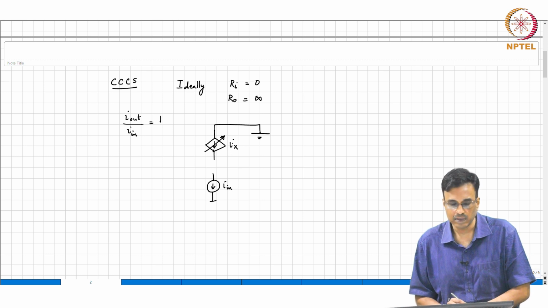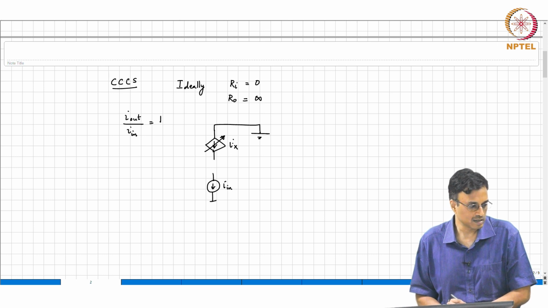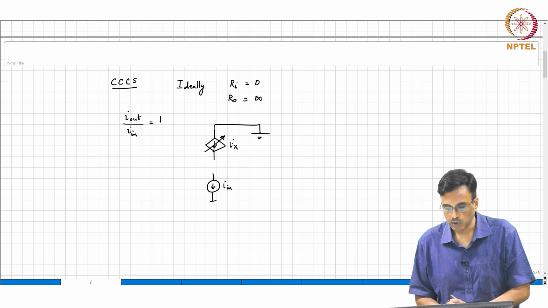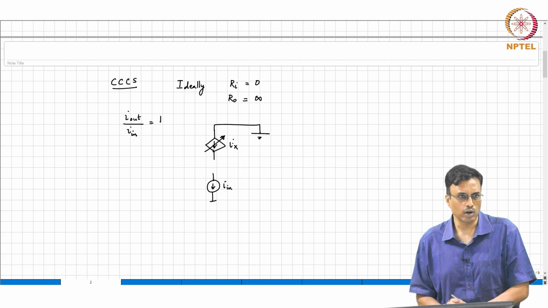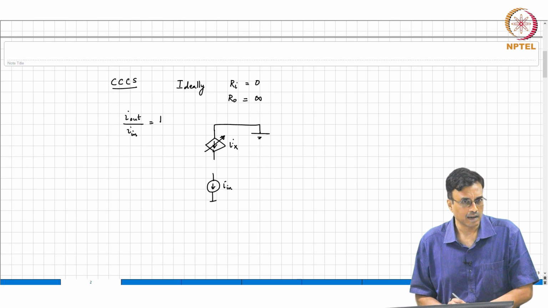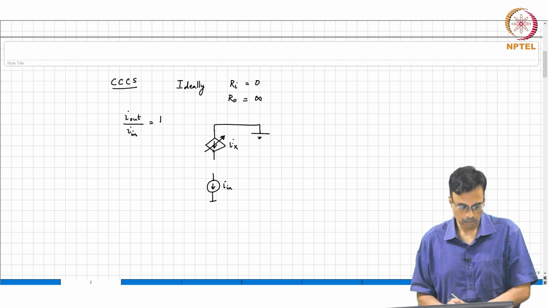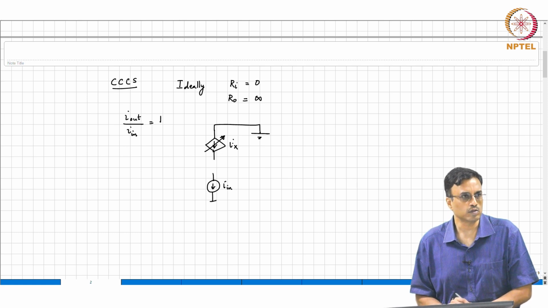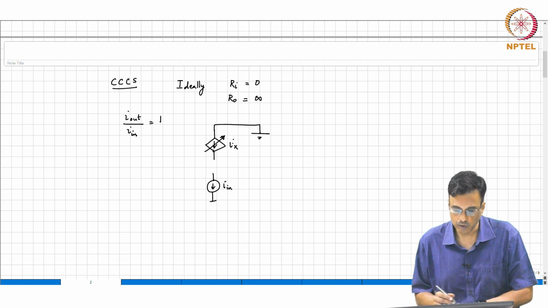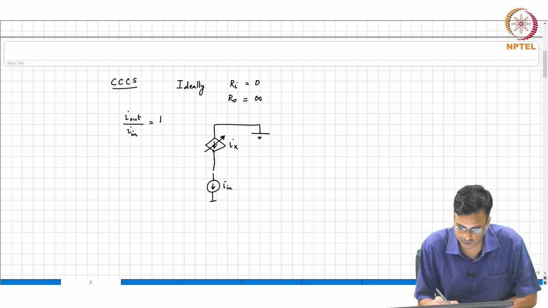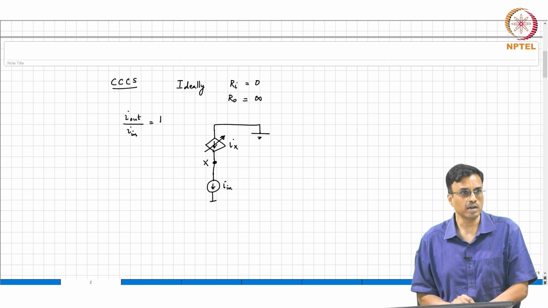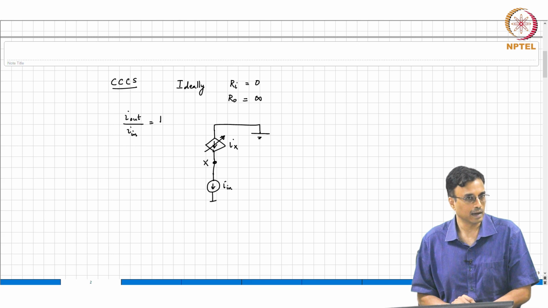We have seen this before in the context of biasing transistors. If we want to make sure that Ix is the same as I in, we want to find the difference, and what physical principle will we use to find the difference between two currents? KCL. So, basically we join the two and we can monitor the potential of node X.